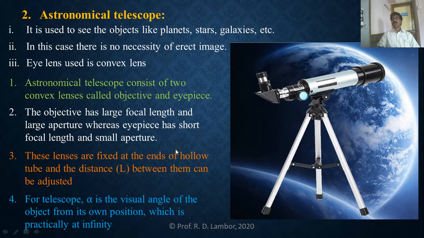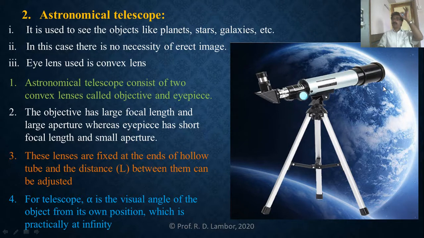So in the case of a telescope, the visual angle subtended by the distant object is alpha. For the astronomical telescope, alpha is the visual angle of the object from its own position, which is practically at infinity. कारण या टेलिस्कोप साठी ऑब्जेक्ट जे असतात ते डिस्टन्स होत असतात फार अवे फ्रॉम अस which are practically at infinity.